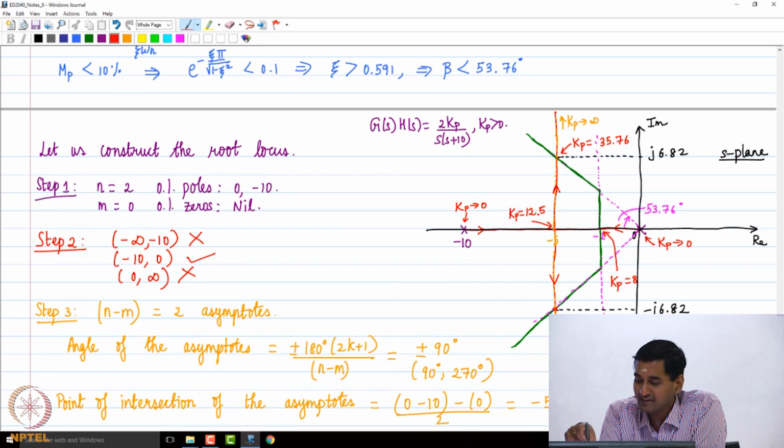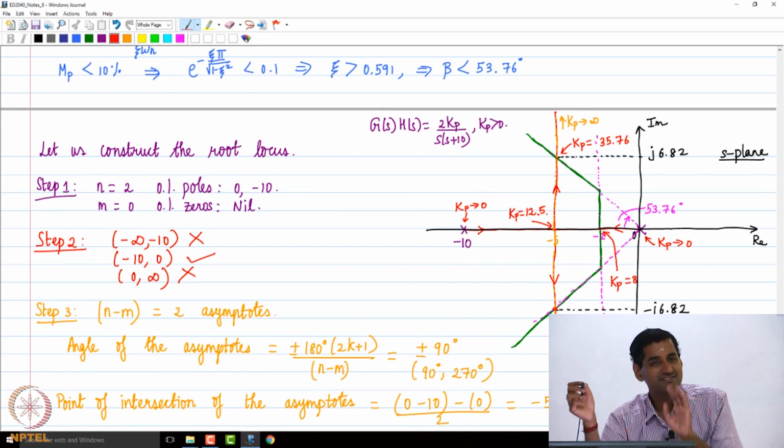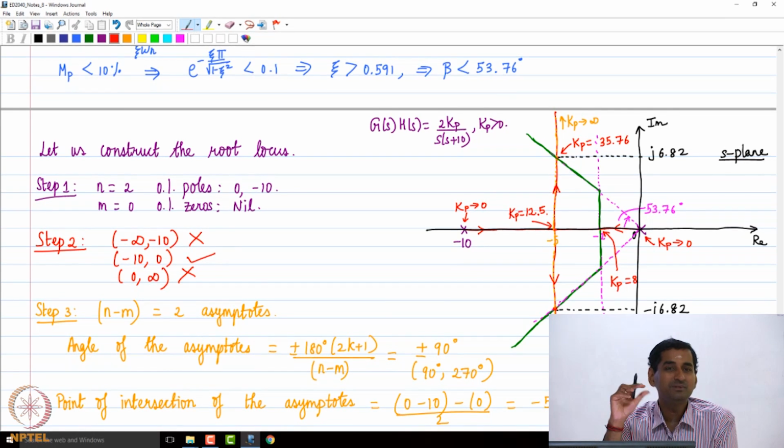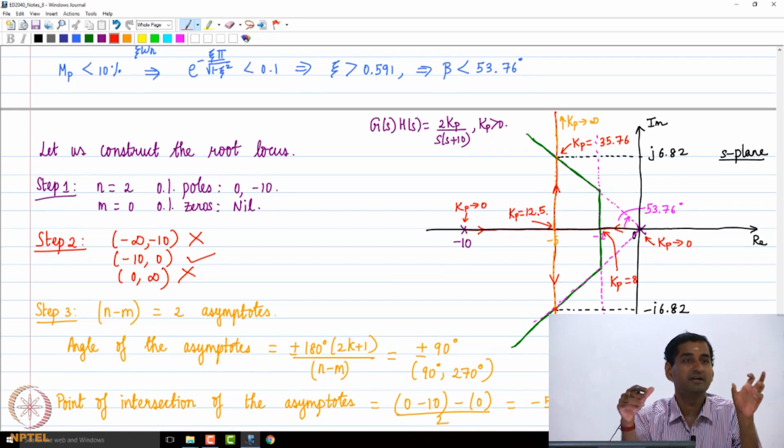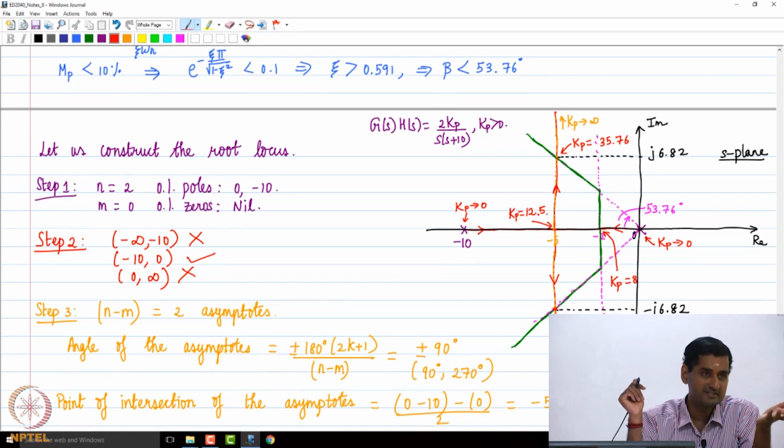When Kp is greater than 12.5. So I would choose Kp between 12.5 and 35.76 and tune the final system. So this way the theoretical analysis can help us figure out a range of controller gains. Then we need to go to the actual experimental system and fine tune. So that's what ultimately we would end up doing. Is it clear?